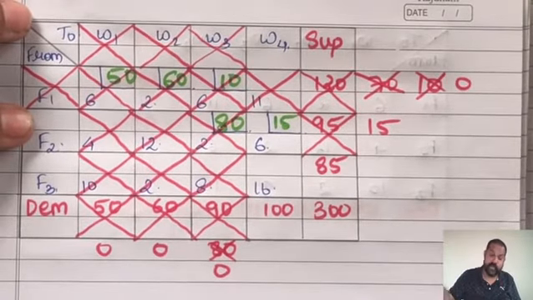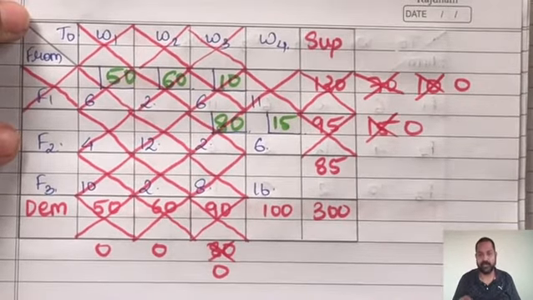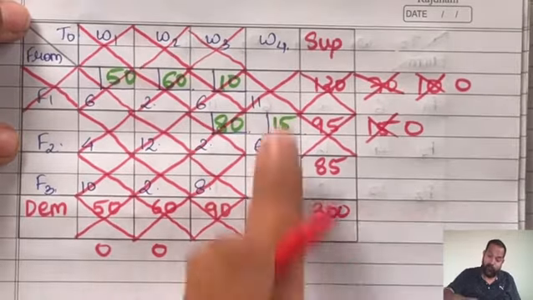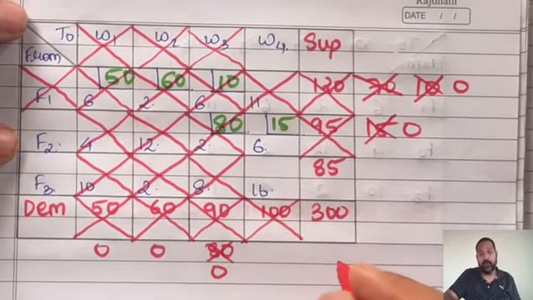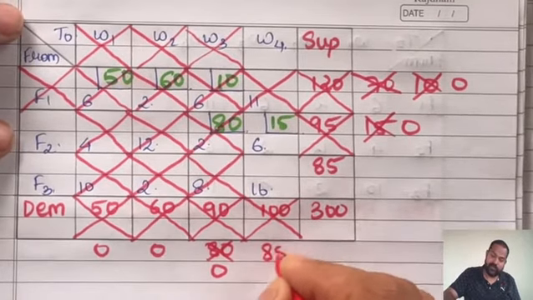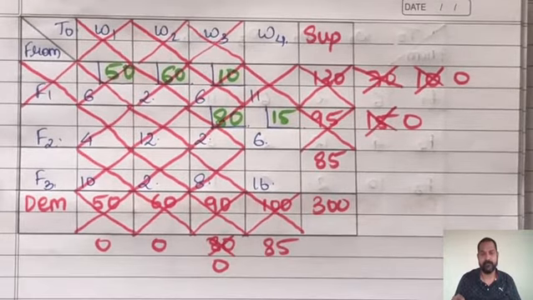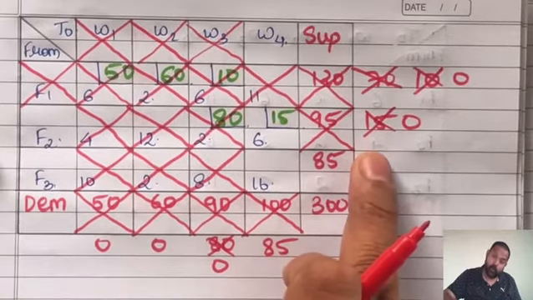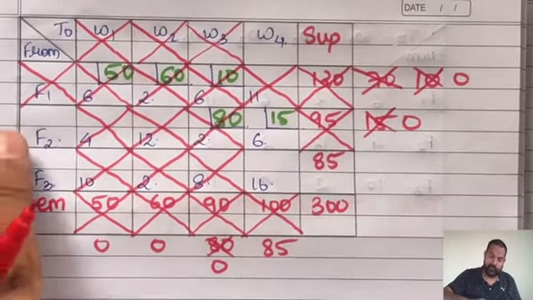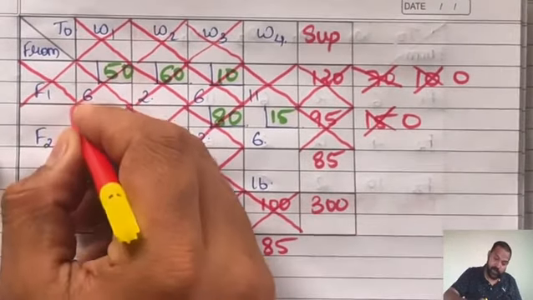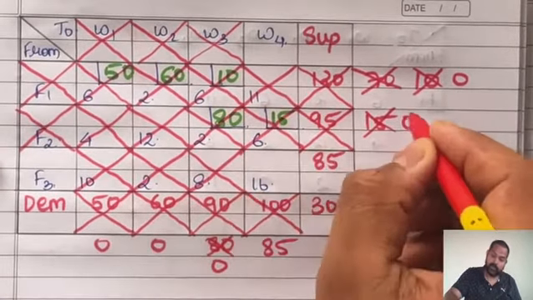When F2 gives 15 units to W4, we realize that F2's supply has been exhausted. While W4 required 100, it got only 15. Well, that's okay. Out of 100, 15 units have been fulfilled, which means a demand of 85 is still pending. F2 has no more supplies left. So we tell F2, if you have no more supplies left, do not wait back in the game. We throw F2 out of the game.